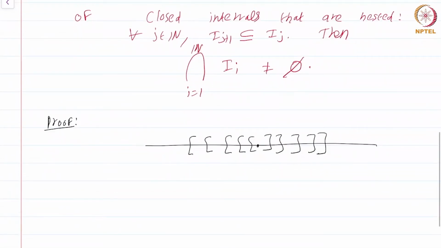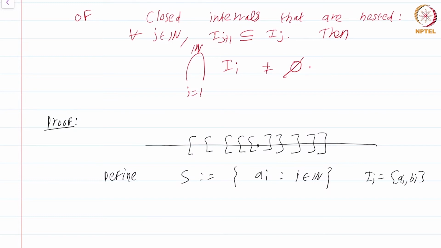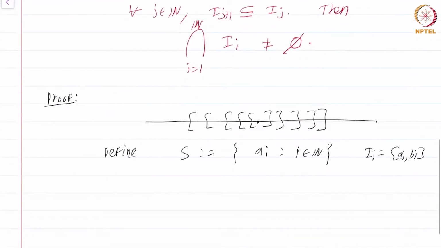Now, how do I prove this? Well, define S to be the collection of a_i such that i is in N. Note, I_i was just [a_i, b_i]. So I have these closed intervals. I'm just looking at all the left hand points and putting them in a set.